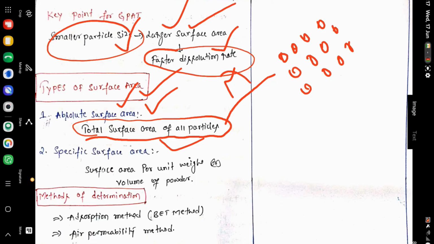Specific surface area refers to surface area per unit weight or volume of the powder. Methods of determination: surface area is determined by adsorption method and air permeability method.